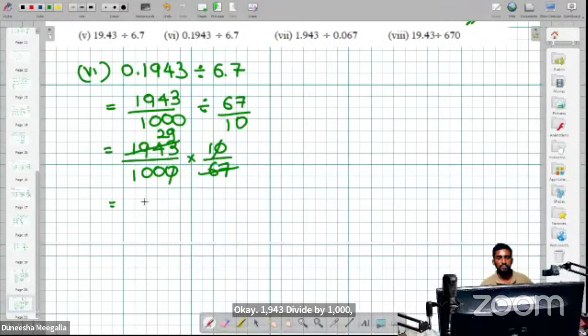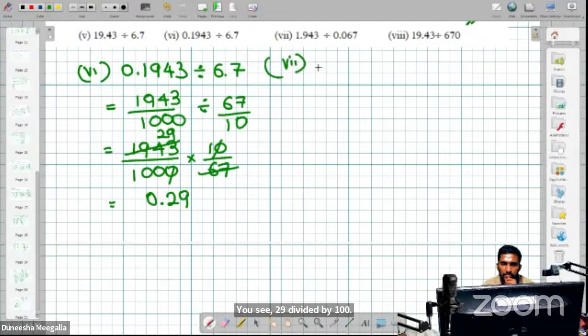What is the answer? 29 divided by 100, what is the answer? 0.29, okay.